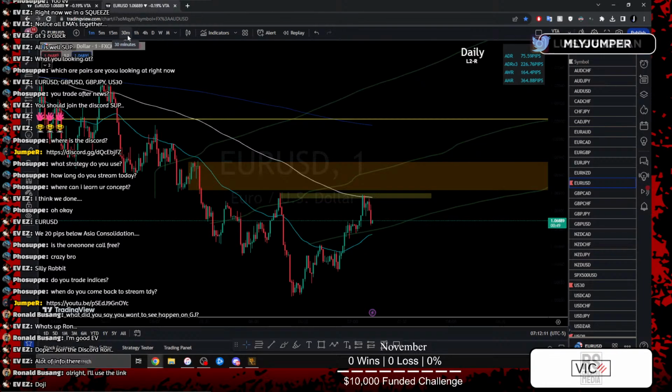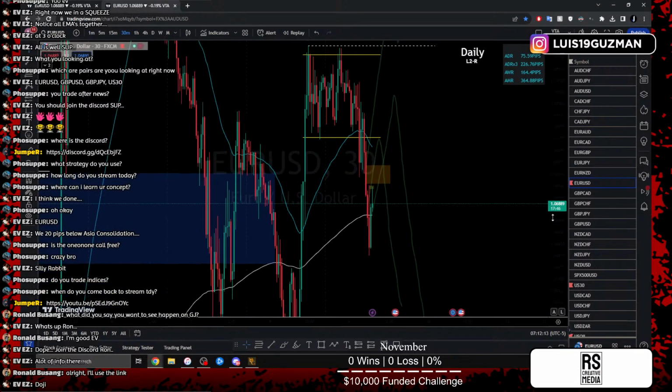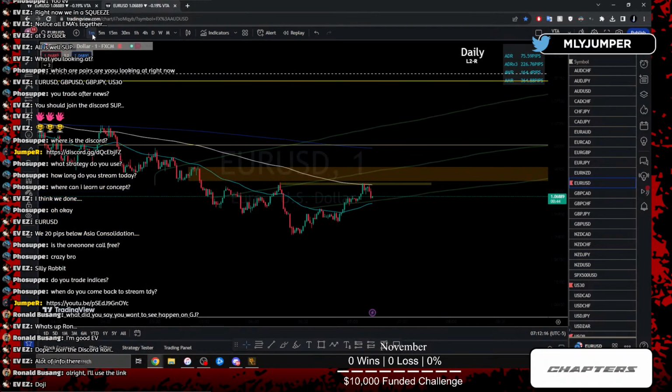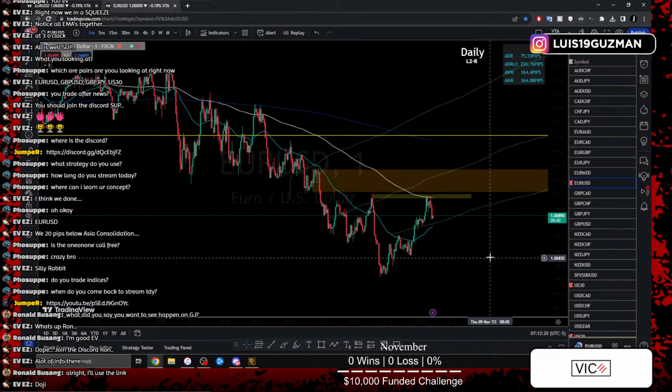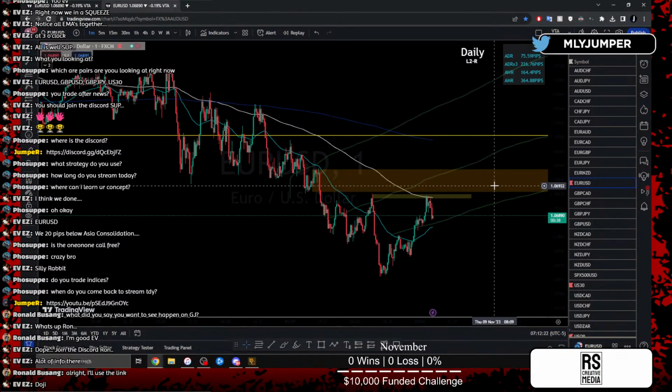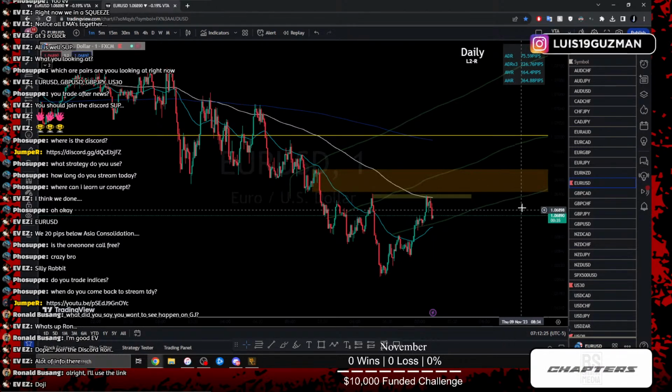Again, we're basing this entry off the 1 minute time frame, because in the 1 minute, again, we're just waiting for price to give us a confirmation.